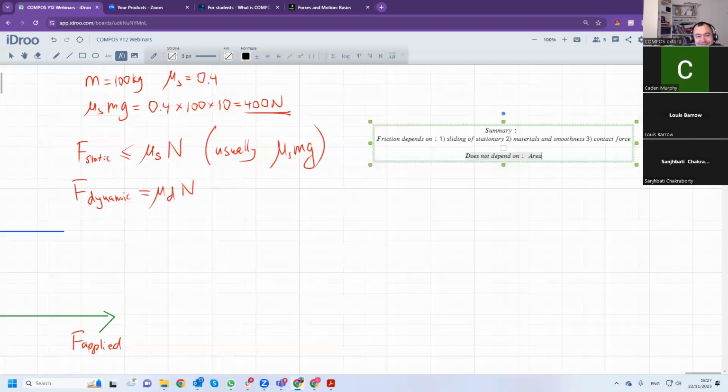So, why does it not depend on speed? Well, actually, if you think about it, a good example is water skis. The faster you go, the less friction there is.